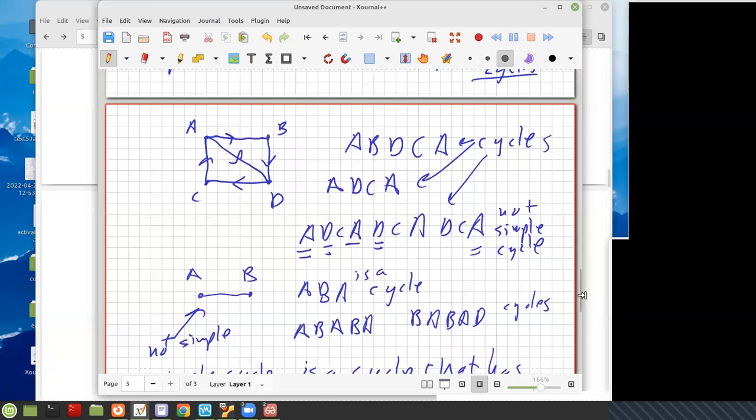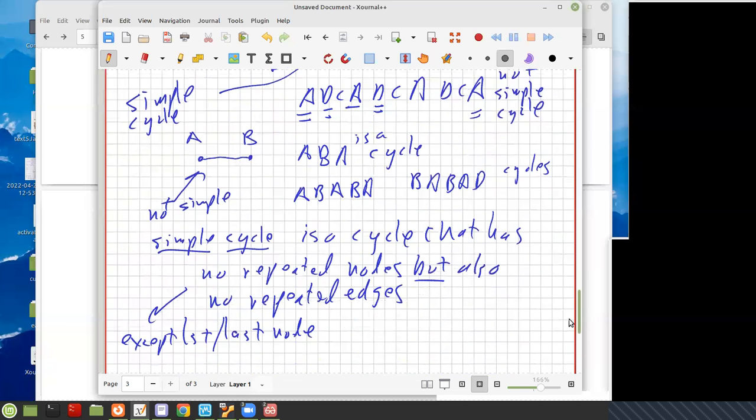Now up here, A, D, C, A, that's a simple cycle. A, B, D, C, A is also a simple cycle. So a simple cycle goes around a loop once, but can't go around multiple times, and it can't go back and forth. So that's the idea of a simple cycle.